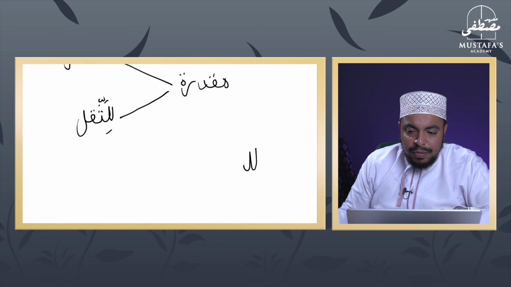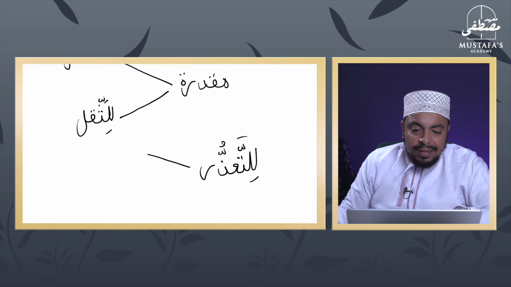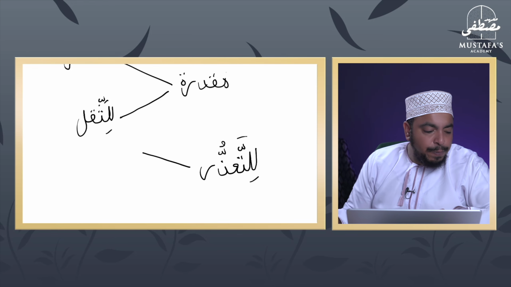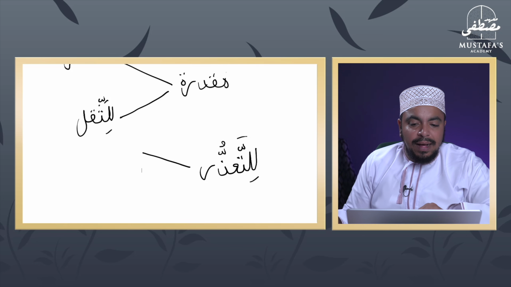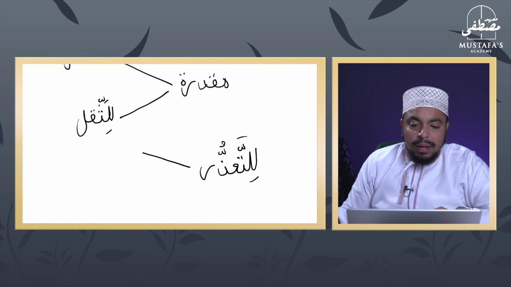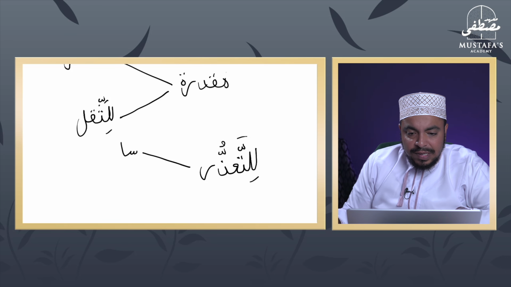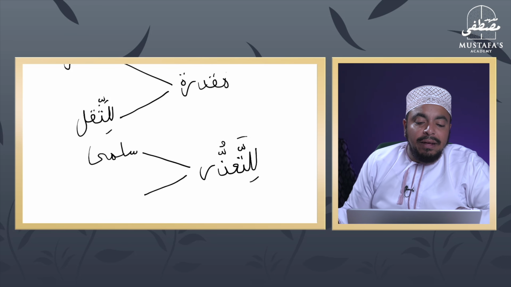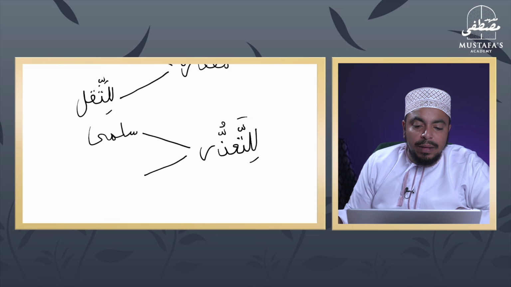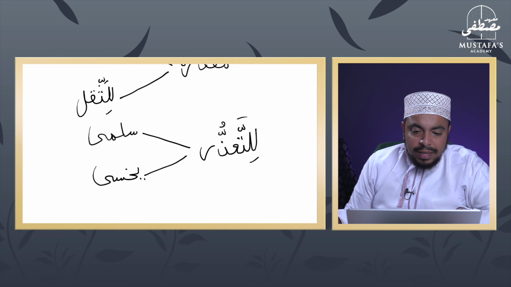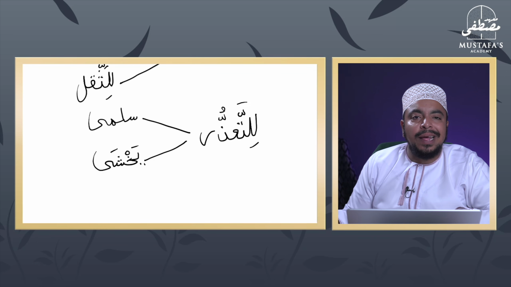للتعذر, for example, I'll use a verb and a noun, but these are single form. For example, Salma, I'm still going to use the same Salma. This is a noun. And a verb is, for example, Allah yakhsha. Both of them end with an alif, isn't it?